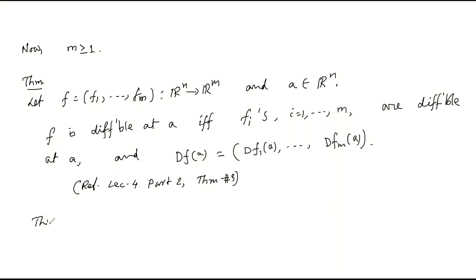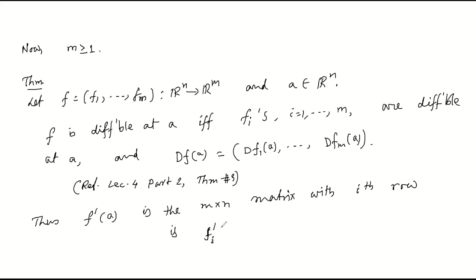So thus f prime of a, the Jacobian matrix of f at a, is the m cross n matrix with ith row being fi prime at a. This completes the proof of theorem 1.